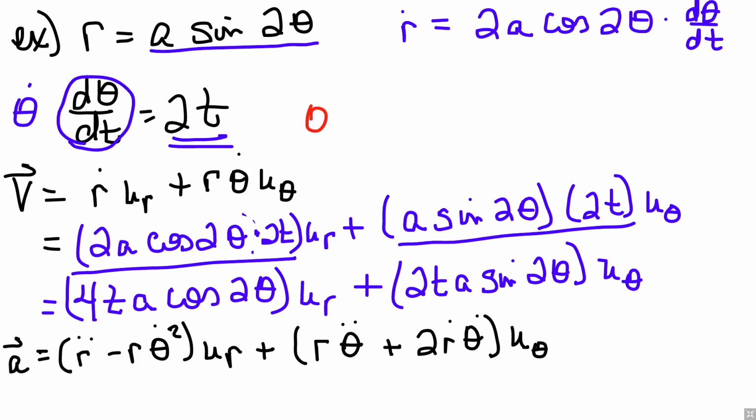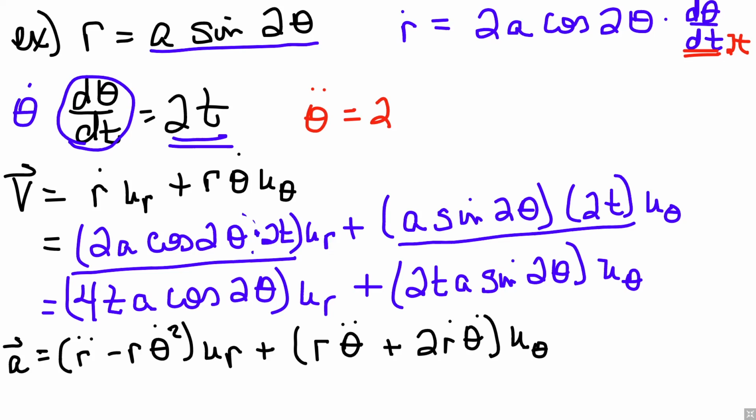So what would theta double dot be for this? It's just going to be 2. Then next, we need to find r double dot. But in order to help us find r double dot, I'm going to replace d theta with 2t.